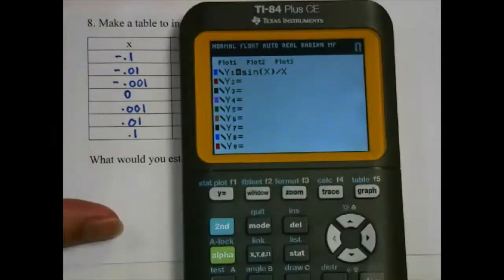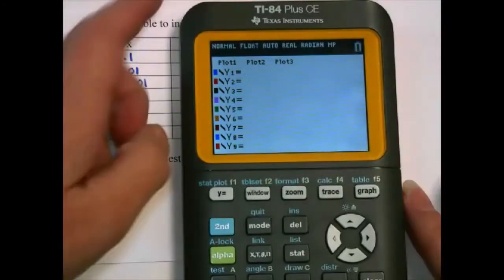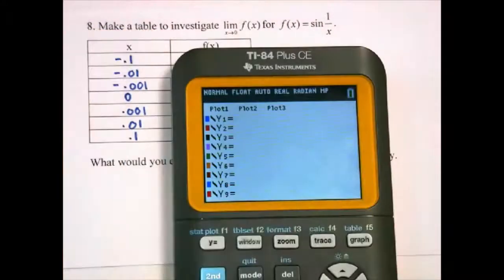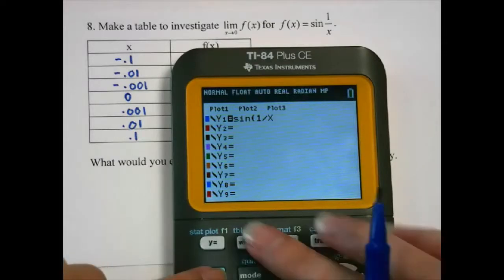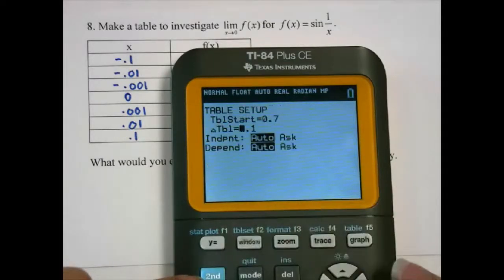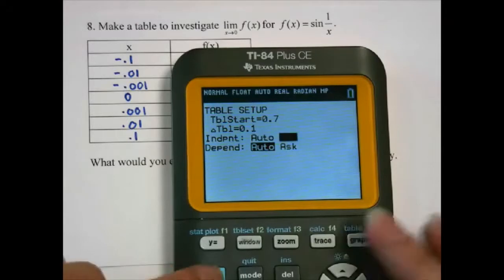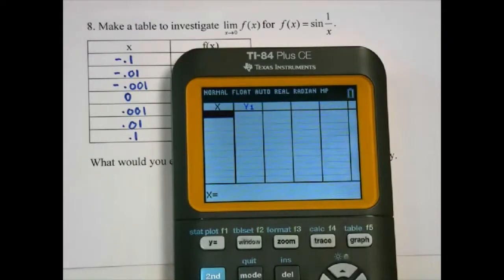So we're going to go to our y equals. Rather than sine x over x, we're going to do the sine of 1 over x. Okay, and I'm going to go to my table set. I'm going to go to ask again. I'm going to go negative 0.1.